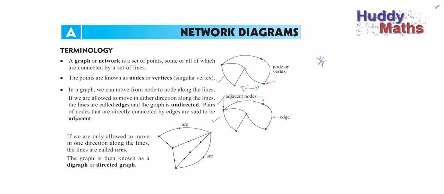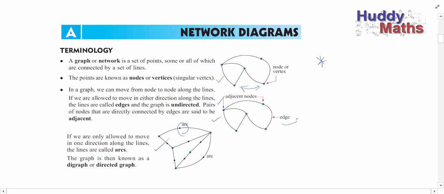So the edges that can connect two nodes directly mean those nodes are adjacent. Now we could use an arc to connect the two points, and an arc has a particular direction. That's different from an edge. An edge can go either way.